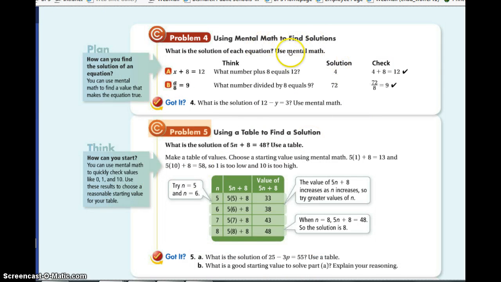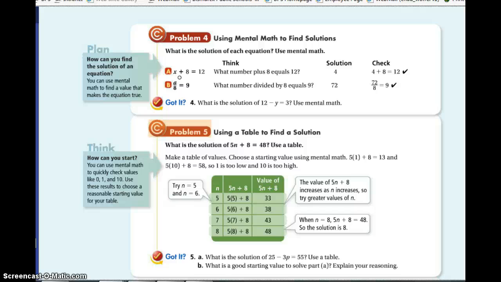Now here they want you to use a little bit of mental math to try to figure out some of these. So what number plus 8 equals 12? That would be this equation right here. X plus 8 equals 12. So think of a number, and when you add 8 to it, it needs to equal 12. So I can say, all right, let's try 3, let's try 2, let's try 1.